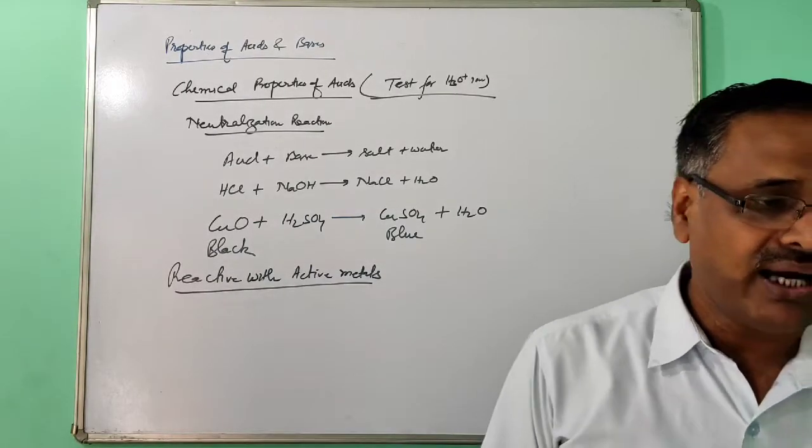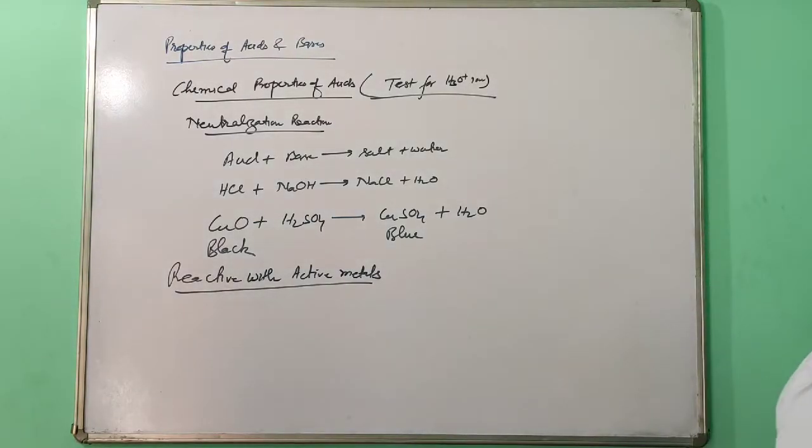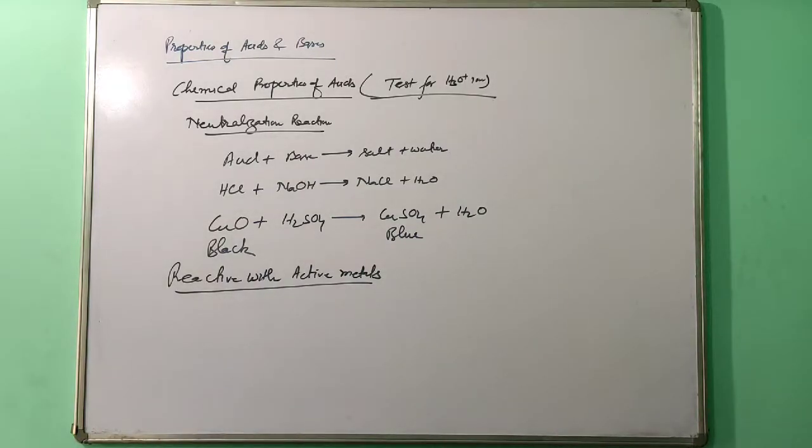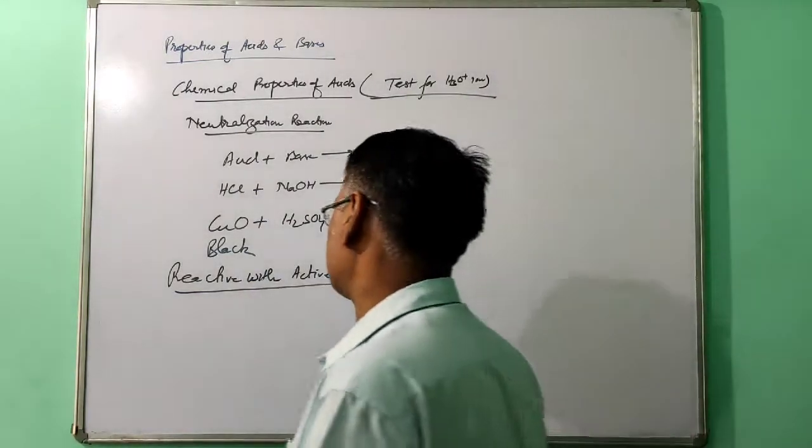Observation means what you can see from your eyes. In observation, no need to write the name of the products. You have to write what you have seen with your eyes.